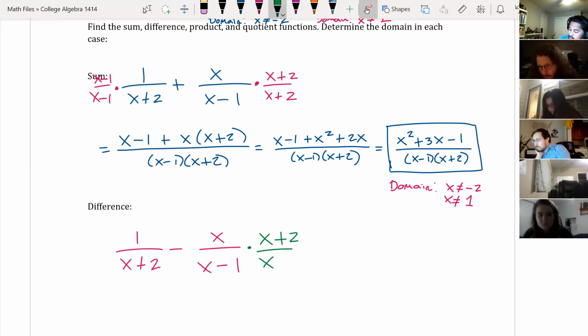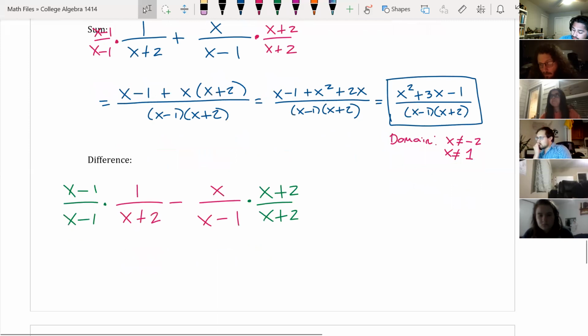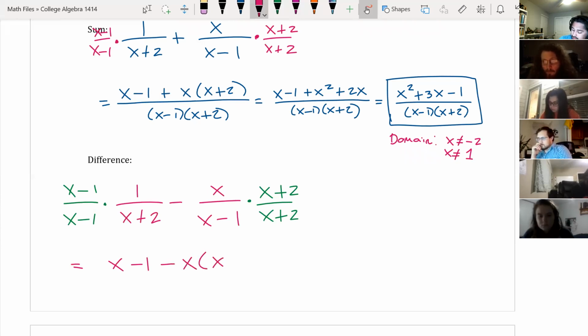Multiply by x plus 2 over x plus 2, and then x minus 1 over x minus 1. And we get x minus 1 minus x times x plus 2 over x minus 1 times x plus 2.